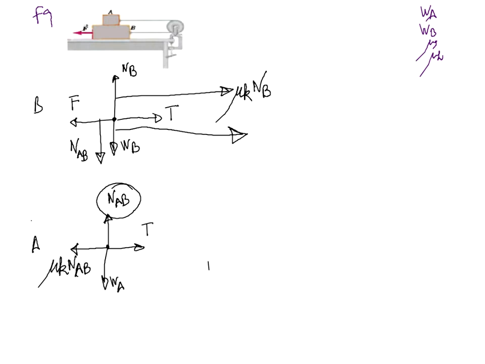Imagine between B and the table. It was easy to identify the direction of frictional force because the table is static. So the relative motion of B with respect to the table, which doesn't move, is easy to identify. B goes left, therefore friction is right, because the table doesn't move. We have to use the exact same analysis between B and A. Imagine that you're A, like the table, and you observe the direction of B with respect to you.